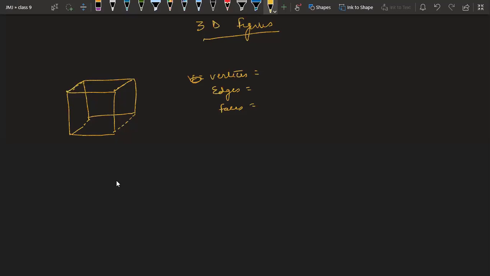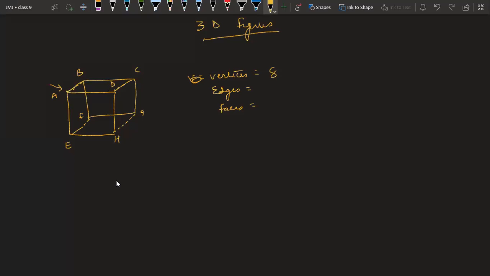Moksh is saying 666. Wrong, Moksh. Okay, there are 12 vertices? If you count, the 4 vertices are on the top. Suppose I call them A, B, C, D, E, F, G, and H. So there are 8 vertices, not 12. Piyush, I think you were saying not 12.